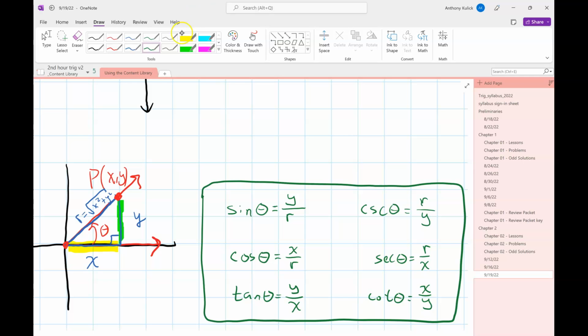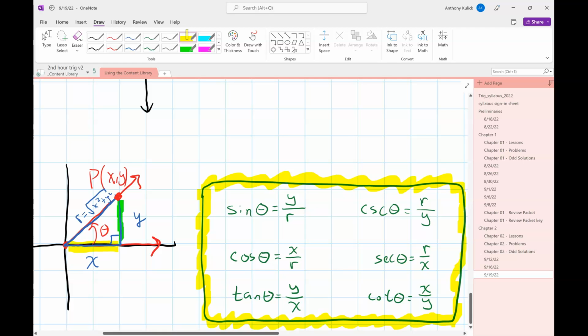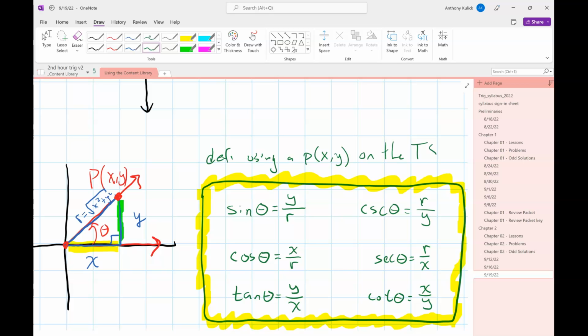So this is super important. This is a new way to define sine, cosine, and tangent using a point on the terminal side of a standard position angle.